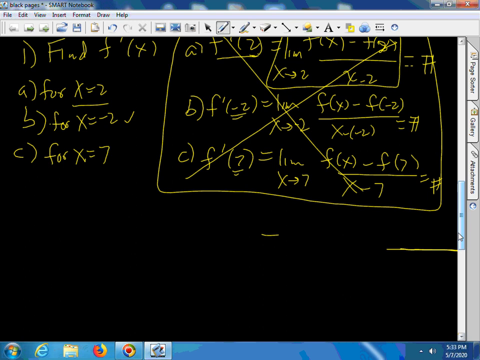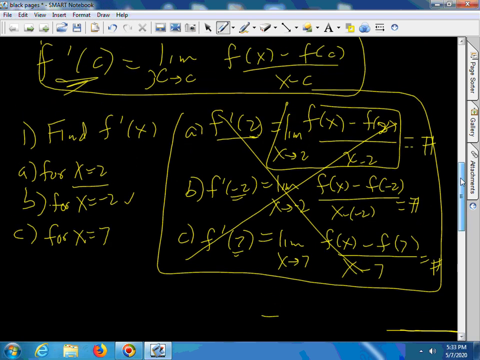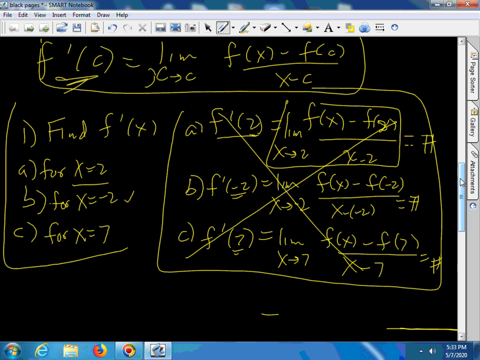What I would do, if I was asked to find the derivative at 3 different values, is use the regular definition.